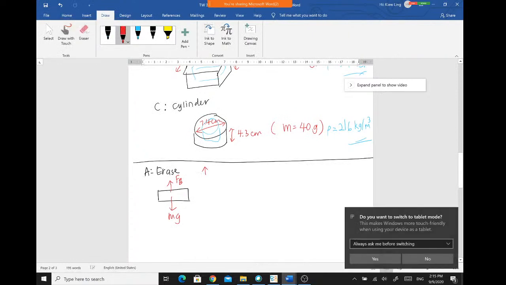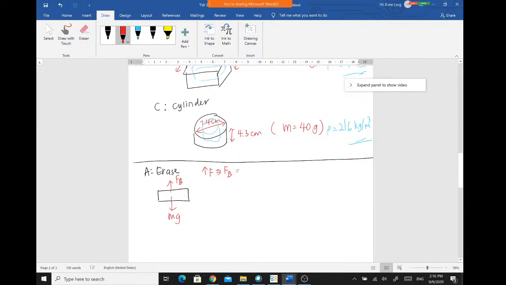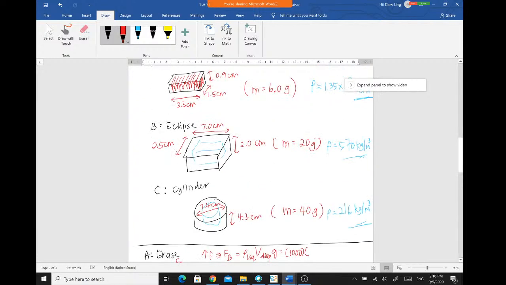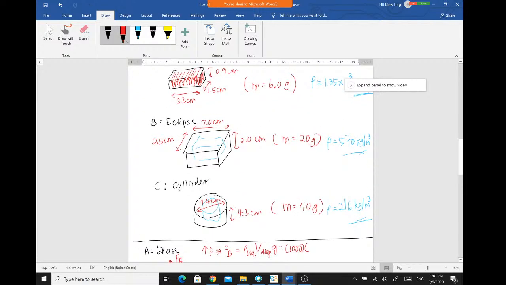So upward force, which is the buoyant force, equals rho, density of liquid, times the volume displaced times the gravity acceleration. So the density of liquid given by 1000, volume displaced will be equal to the total volume of the eraser.